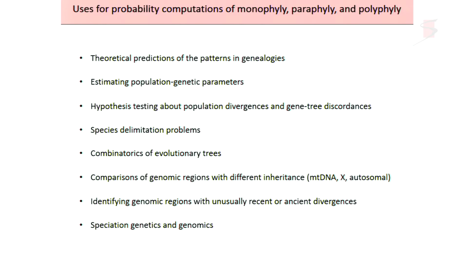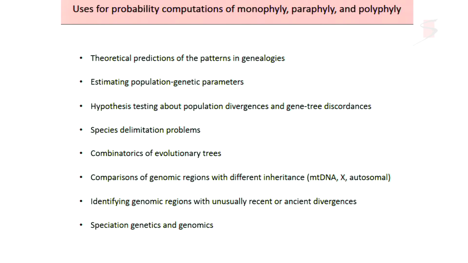Hypothesis testing about population divergences and gene tree discordances, what's causing gene trees to have the shapes they have. Species delimitation, using monophyly to identify species or population groups. A whole mathematical area on combinatorics of evolutionary trees uses a lot of these tree shape problems.